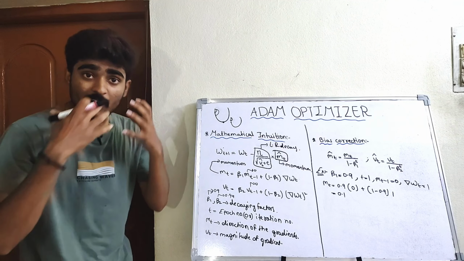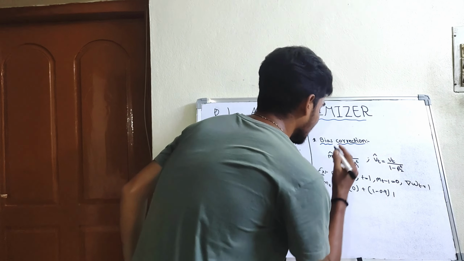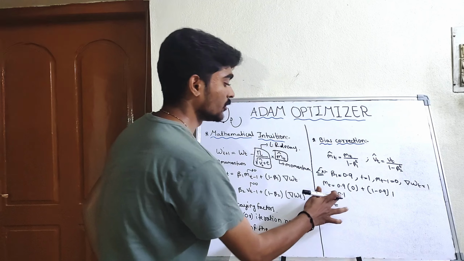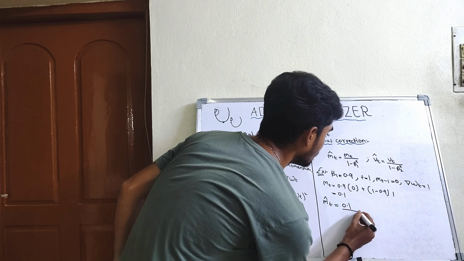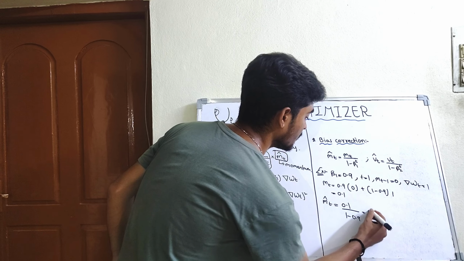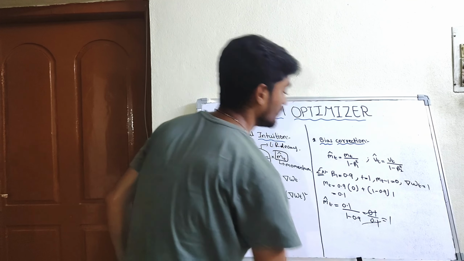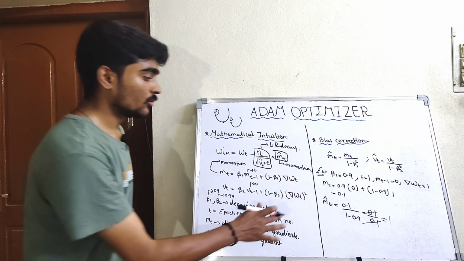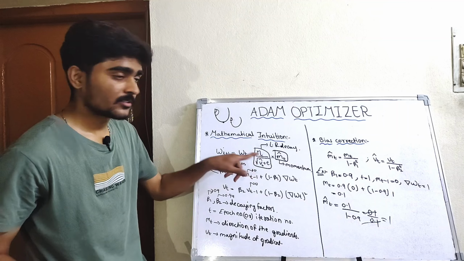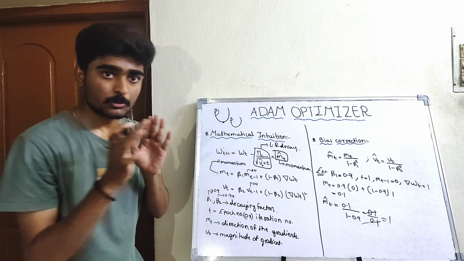So to avoid this, we apply bias correction. That is, m cap of t is equal to, we have already got our mt value, and 1 minus beta 1 value is 1 minus 0.9, which is 0.1. So 0.1 divided by 0.1 comes out to be 1. When I substitute this m cap of t over here, you can see that it is 1 instead of 0.1, so definitely there will be a change between wt and wt plus 1.